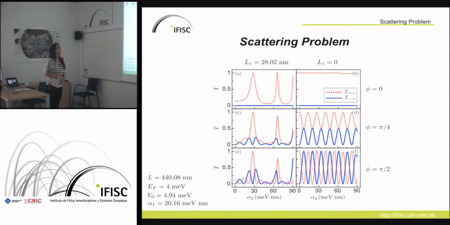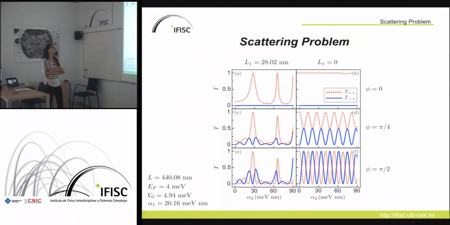Then we have the ingredients to understand better this plot. In this plot, we have the diagonal and off-diagonal transmission probability when we tune the Rashba strength in the central region. The first case is the parallel case, in which in this plot we have tunnel barriers, but in this other we don't have tunnel barriers.